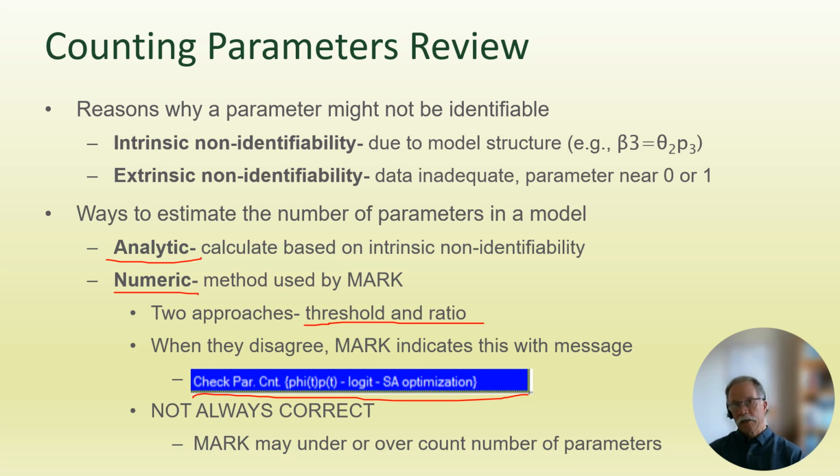But I found sometimes it'll give you that when the count is actually correct, and other times it'll give that to you when it's incorrect. So Mark can either overcount or undercount the number of parameters in a model. And obviously that has some real consequences for potentially identifying the top models in the model set.